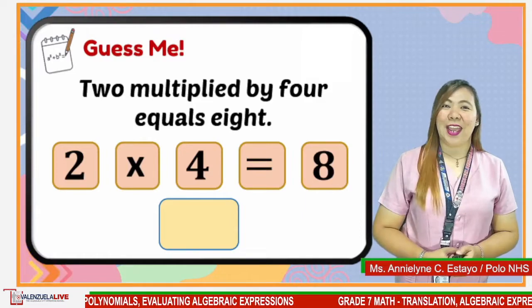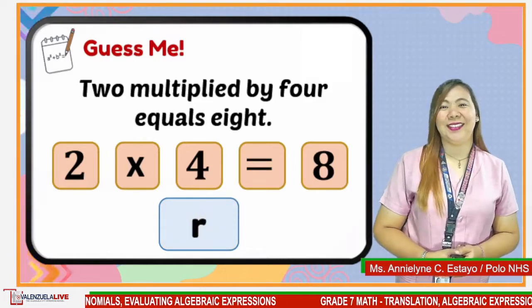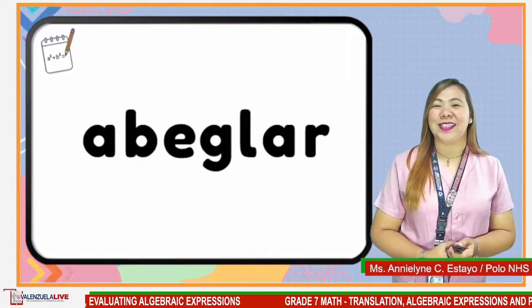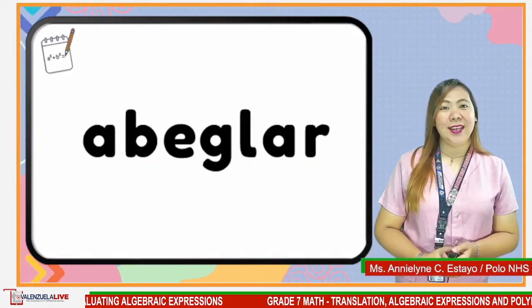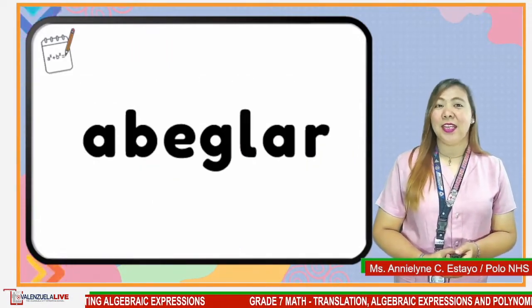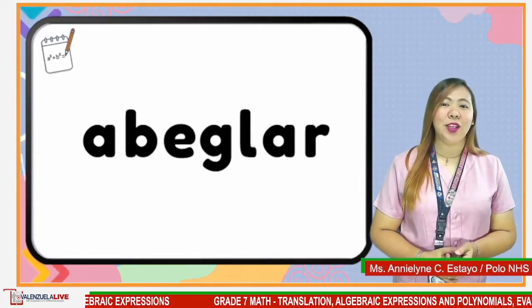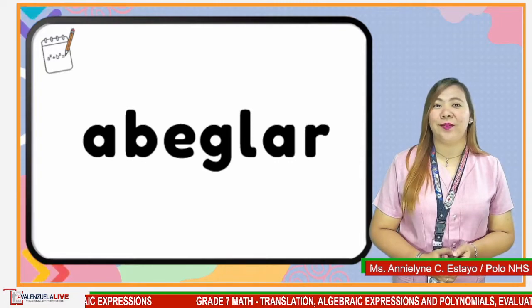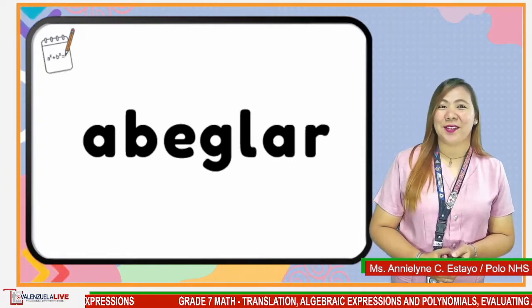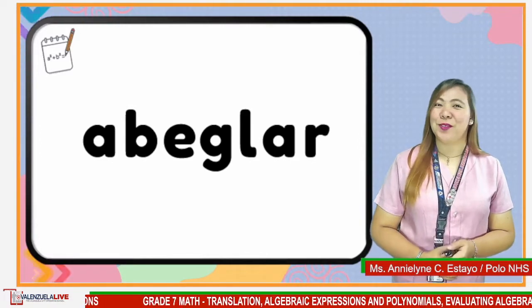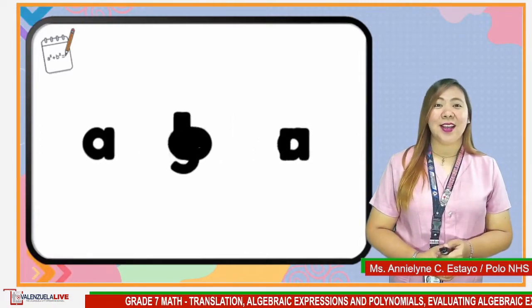The letter is R. We have already revealed all the letters. The letters are A, B, E, G, L, A, and R. What do you think is our hidden word? Comment down your answer. Good job, students. That is algebra.